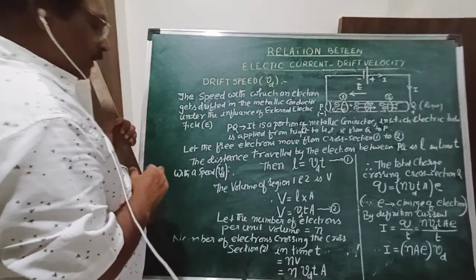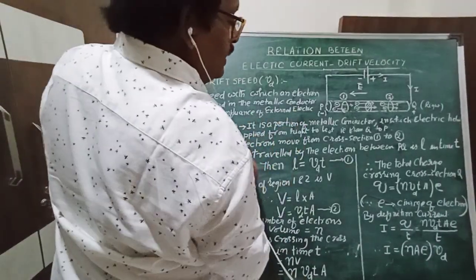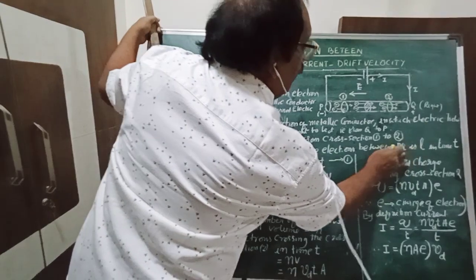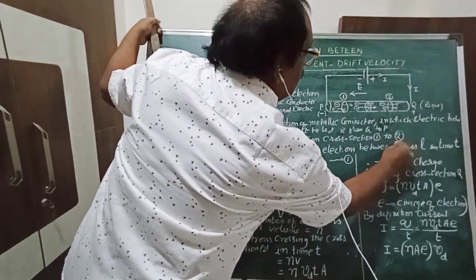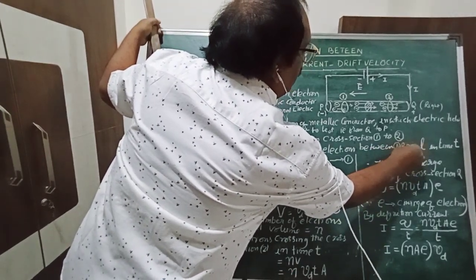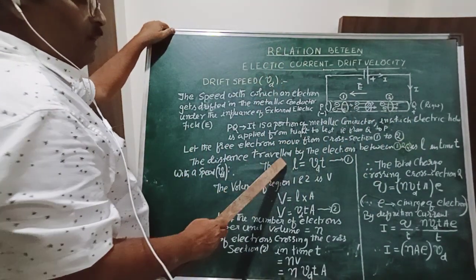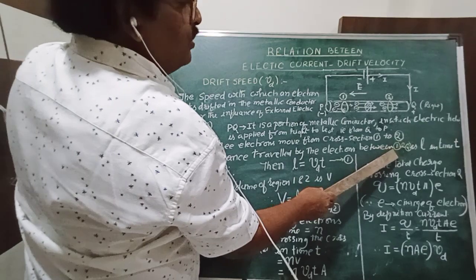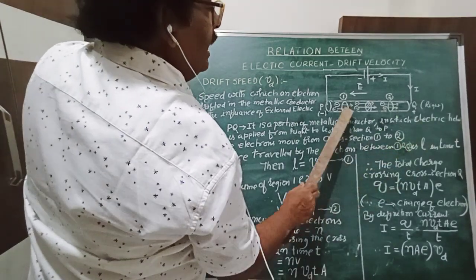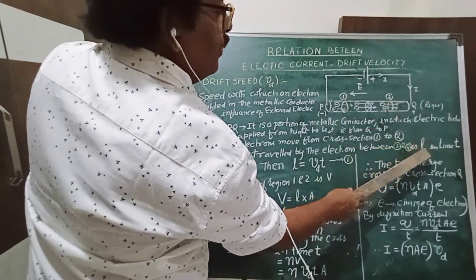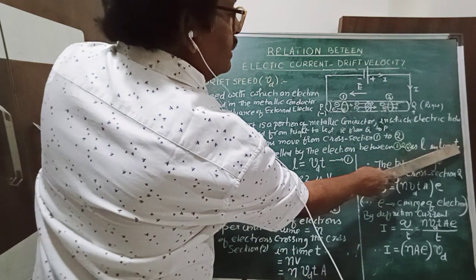So I take these as 1 and 2. The distance traveled by the electrons between cross section 1 and cross section 2 is L, in time t.